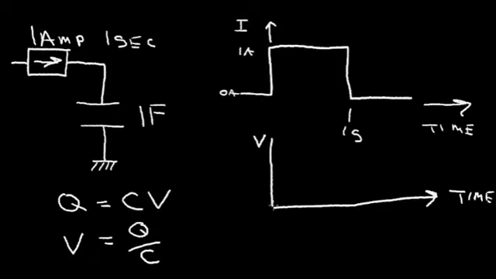So initially we start at this point, 0 volts at this instant in time. So we're plotting current versus time. The area under this current pulse is actually charge. And if we have 1 amp for 1 second, we have 1 coulomb of charge, which is just the area under that curve.